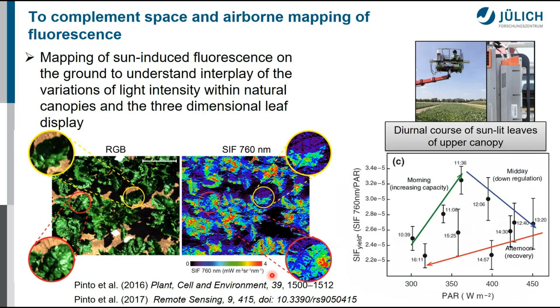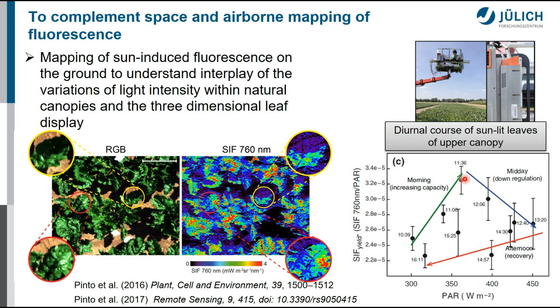One of the first publications was when we followed, for example, the yield of solar-induced fluorescence, already corrected for the changes in light intensity during the day, looking only at the outer leaves which are fully exposed to the sun. We realize that with increasing light intensity, the fluorescence increases in the morning.